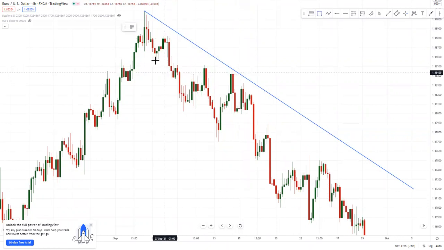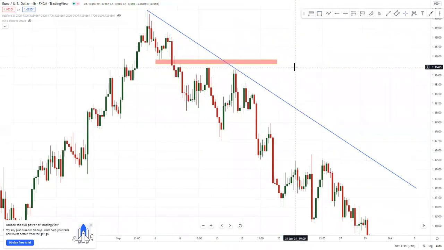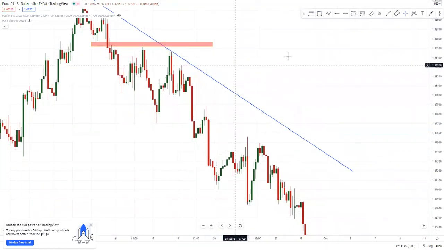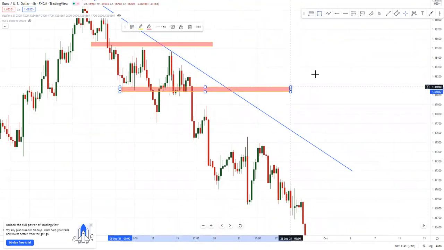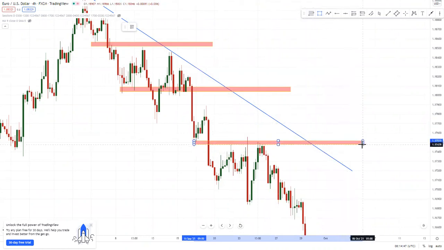So we noticed this point was the area of support, which turned to resistance for a downtrend. This one wasn't made use of, so let's just leave it there. So at least you see they will make use of 70% of the support and resistance they have.